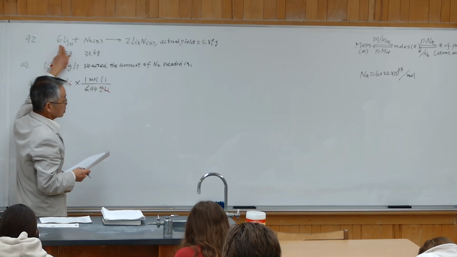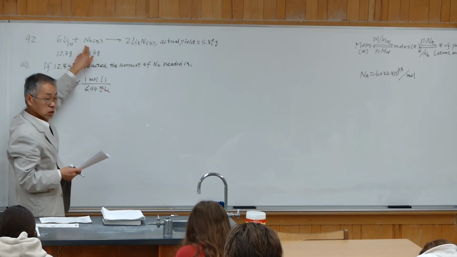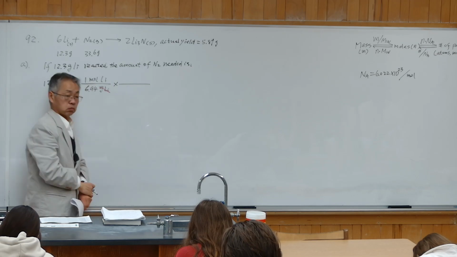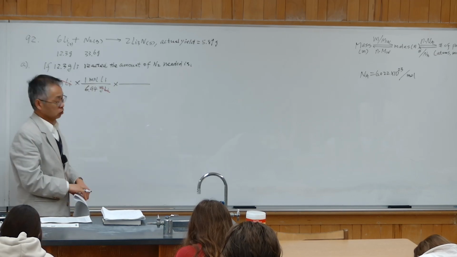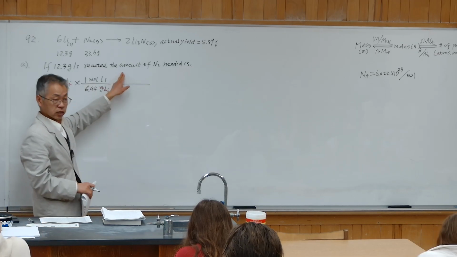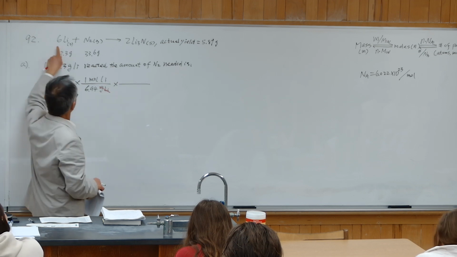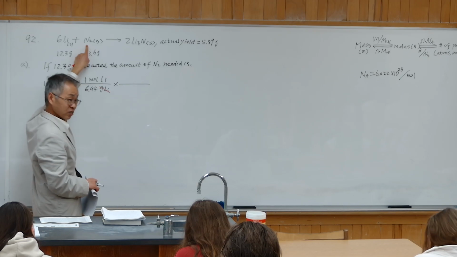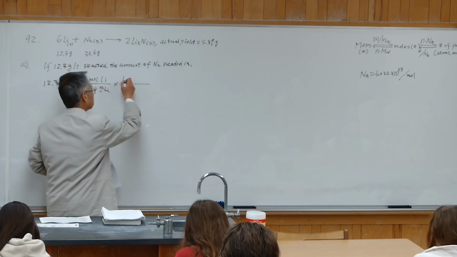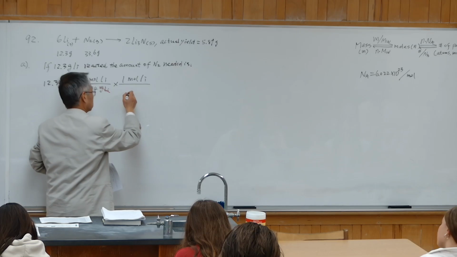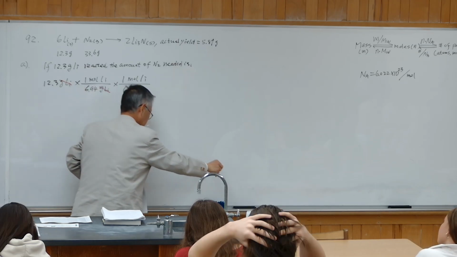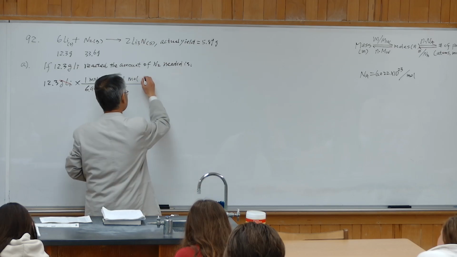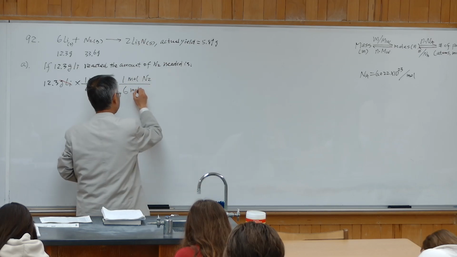Then use this balanced equation. Every 6 mole lithium needs 1 mole nitrogen. We want to convert mole of lithium to mole of nitrogen, so nitrogen goes on top and lithium on the bottom.